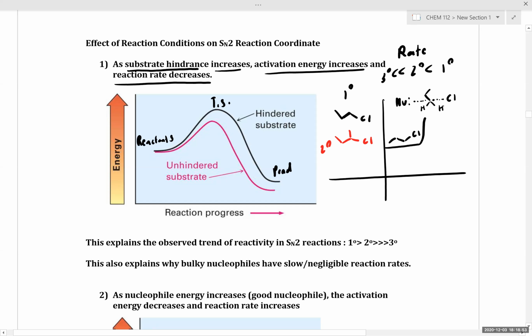Now, remember, as we discussed last time, this transition state is very sensitive to sterics. So, comparatively, we're looking at our primary reaction coordinate. Here's what our primary reaction coordinate looks like, and we have this requisite activation energy.